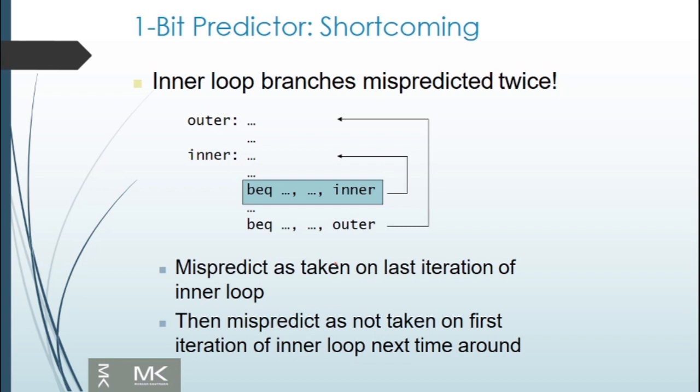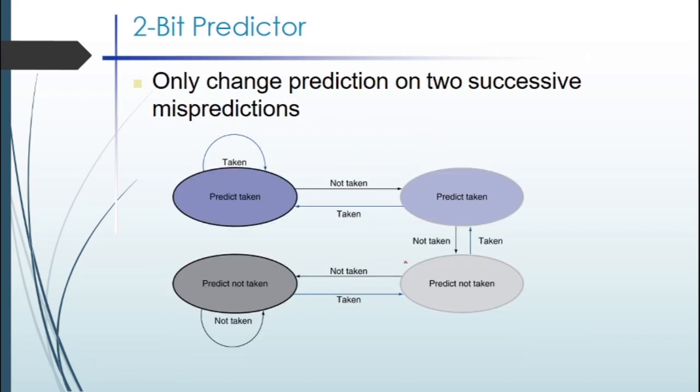If the prediction is wrong, it will change to not taken, and next time it will predict not taken accordingly. So it mispredicts as taken on the last iteration of the inner loop, then mispredicts as not taken on the first iteration of the inner loop. In this scenario, you can see that this simple one-bit predictor will fail each time the loop changes behavior.